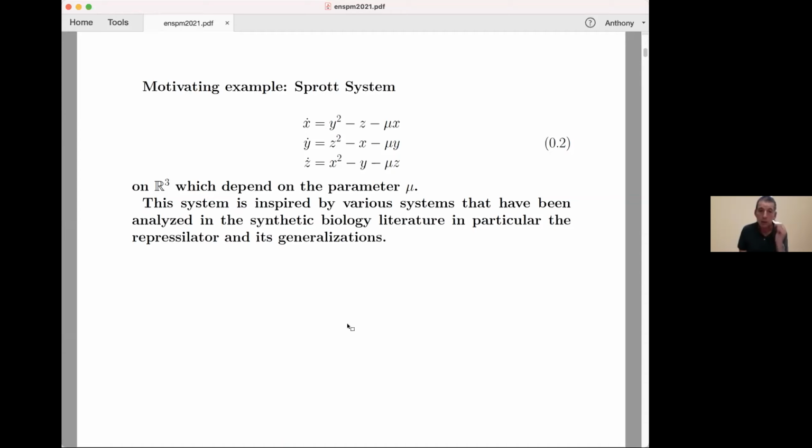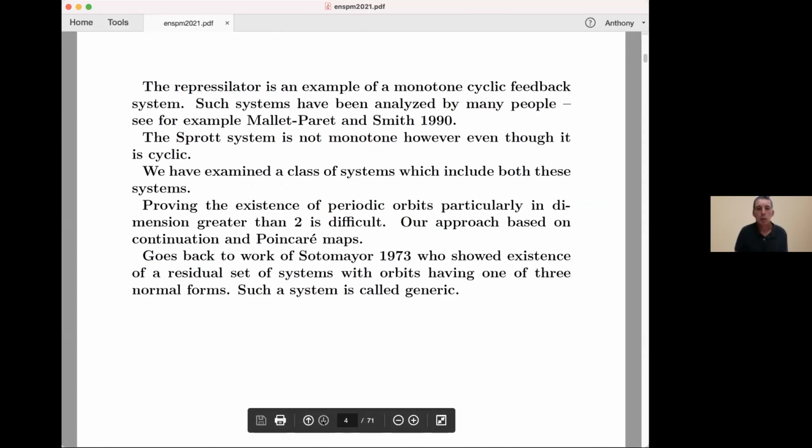And one can also put one into the repressilator system as well, but then there's polynomial dynamics for the system itself. So it's x dot equals y squared minus z, and it still has the same discrete symmetry. So x goes to y to z to x and so on. And this is again reminiscent of these other synthetic biological systems. So those are the two examples.